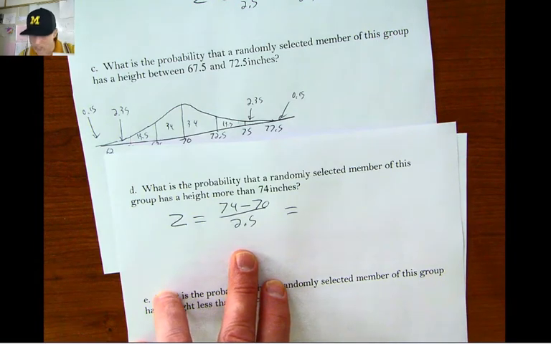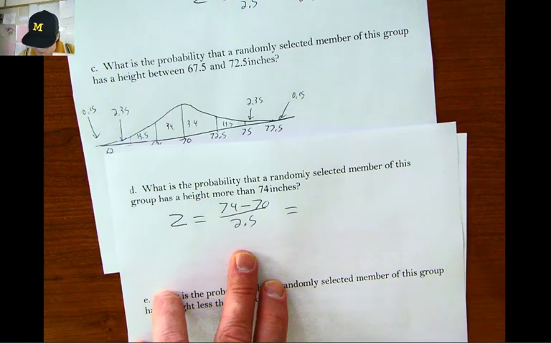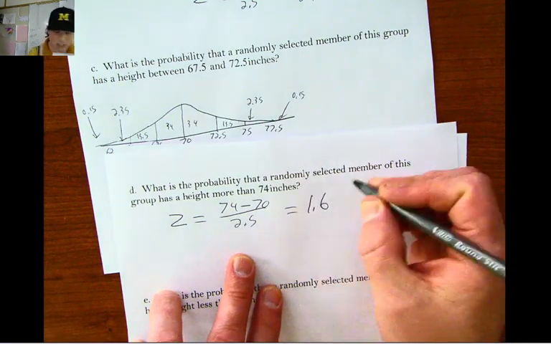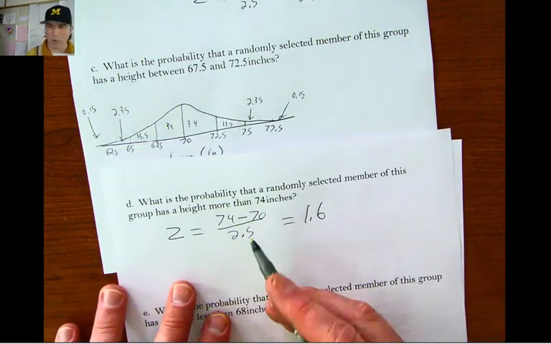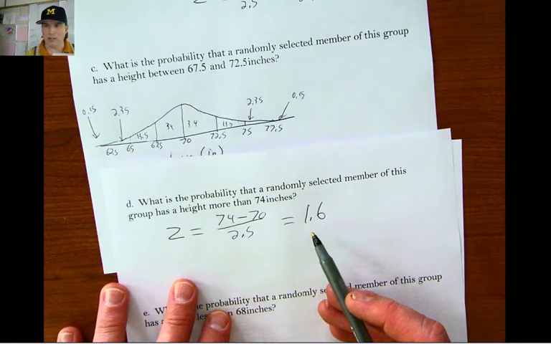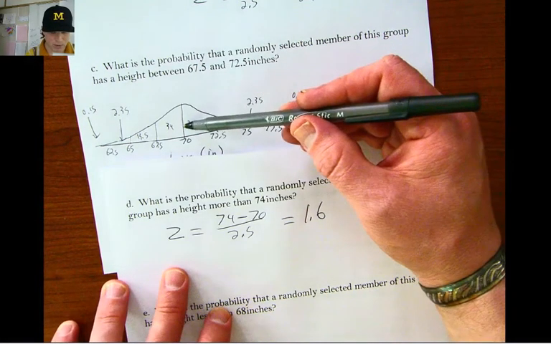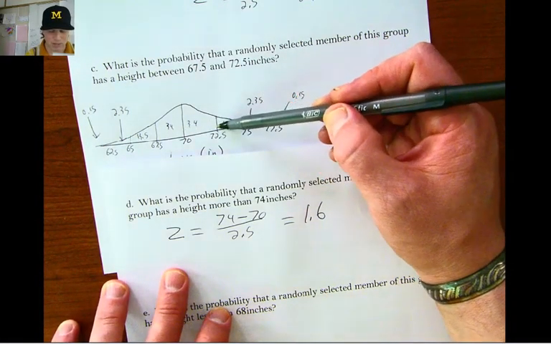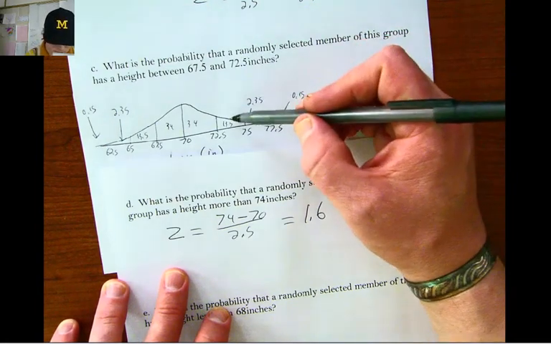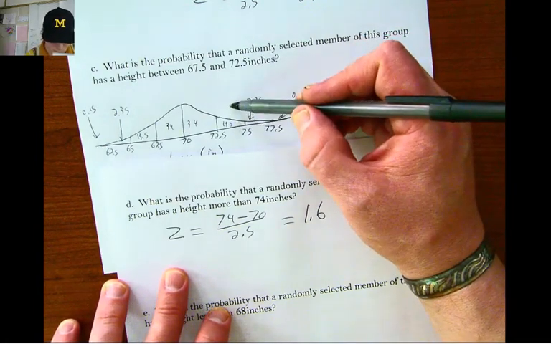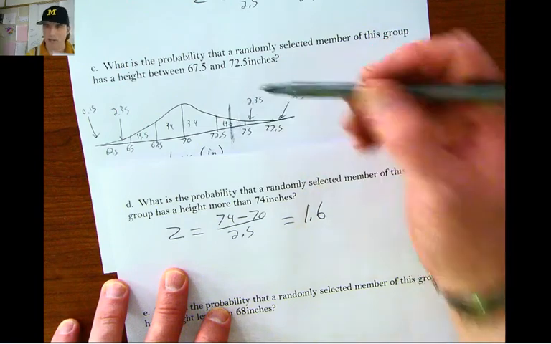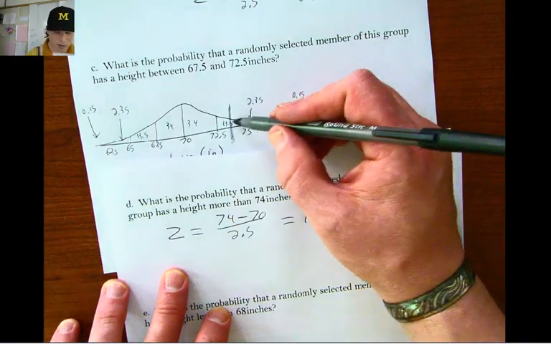I think this one's going to get us pretty exact. 74 minus 70 is 4, divided by 2.5 is 1.6. So I am 1.6 standard deviations from the mean. If you think about it, here's one standard deviation, here's two standard deviations. So 1.6 standard deviations is approximately there, and I want more than that.